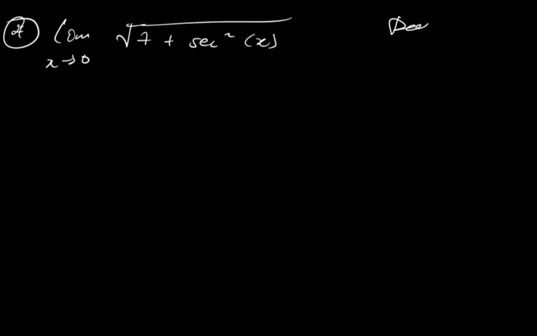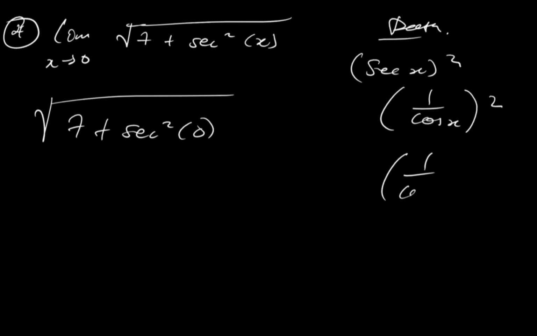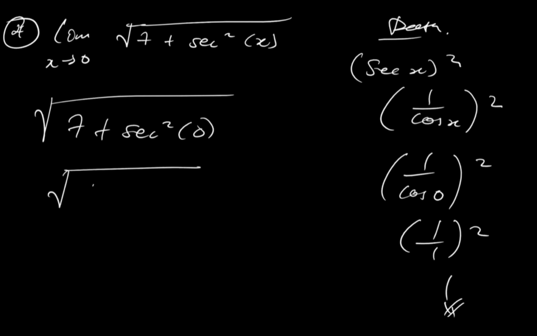One thing you should know is that sec squared x means 1 over cos squared x. Plugging in the value, we have the root of 7 plus sec squared of 0. This is 1 over cos squared 0, and we know cos 0 is 1, so we have 1 over 1 squared, which gives us 1. Putting it back, we have the root of 7 plus 1, and in the end we get root of 8 as our final answer.